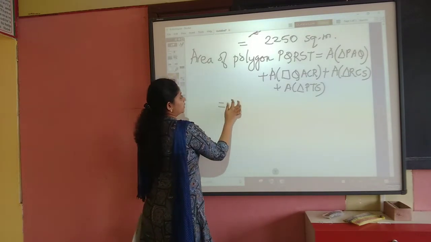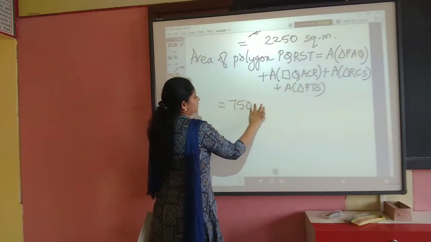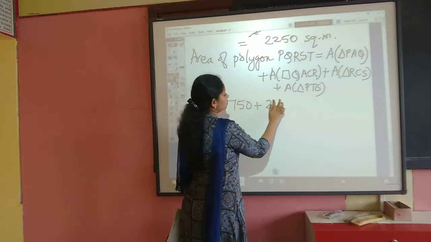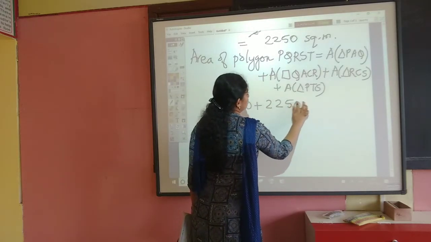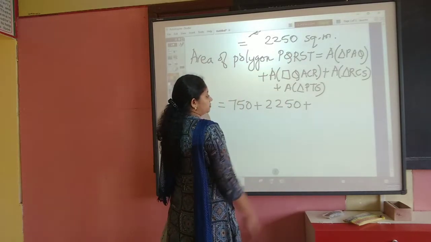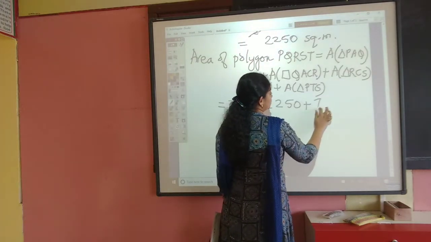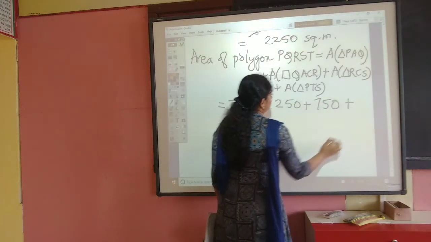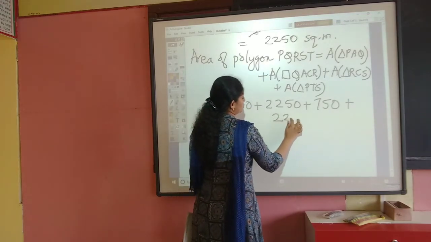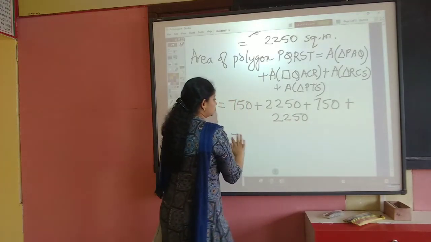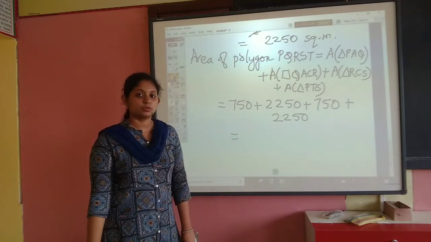So you need to add the area of all these shapes. First one we got 750, second one we got 2250 of the quadrilateral trapezium formula using, we got 2250. Area of triangle RCS we got 750 again, and last one we got 2250. Now when you add this together, how much you are going to get?